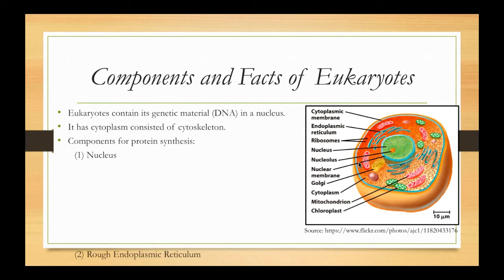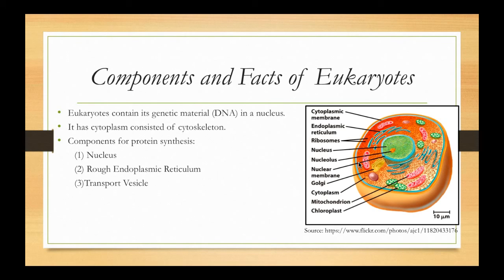The second one is the rough endoplasmic reticulum, rough ER. It has ribosomes on its surface, and translation of the protein happens on the ribosome. And then, third, a transport vesicle comes off. This is like a bus or taxi.